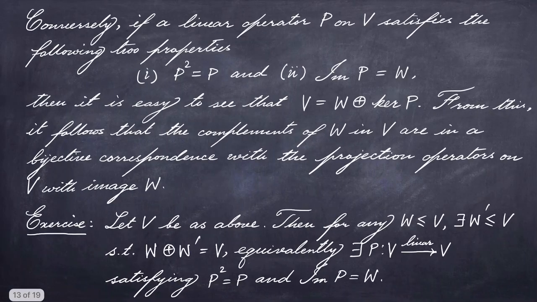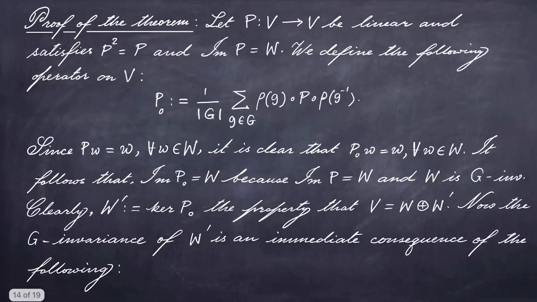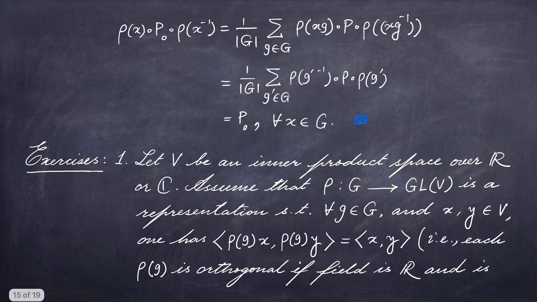Please note that V need not have finite dimension, and the base field need not be C. But when the base field is C and V has finite dimension, then we can prove this in a different manner.